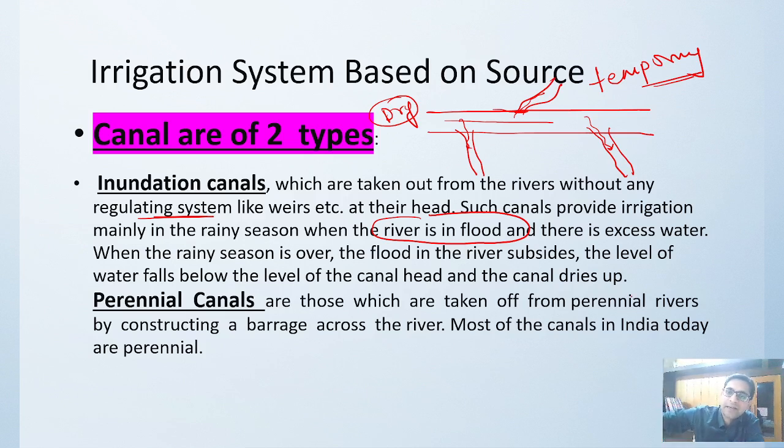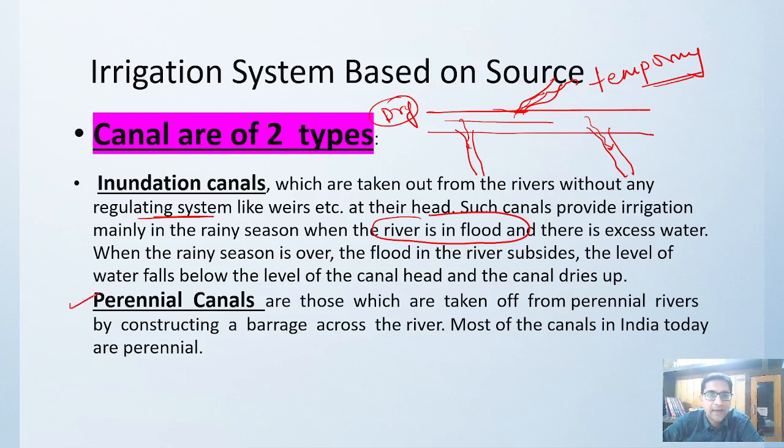Again, when there is a monsoon and a flood in the river, the canal starts working again. It is just based on the height of the water. If the water height is above the canal, water starts flowing in it. But if the water height is below the canal, water will only flow in the river.